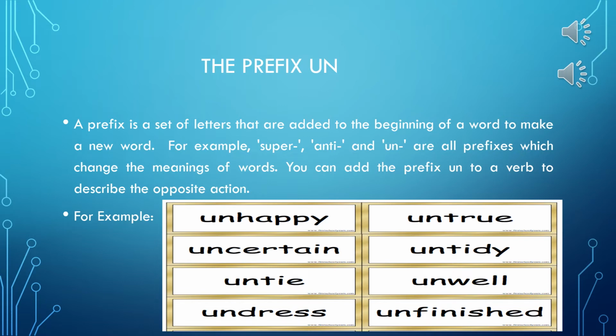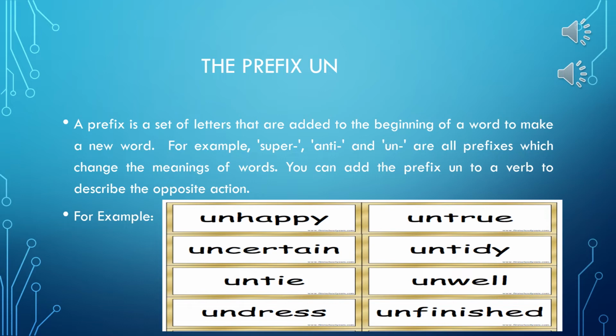You can add the prefix un to a verb to describe the opposite action. When we use un with the root word, the base word, it changes the meaning of the word completely.